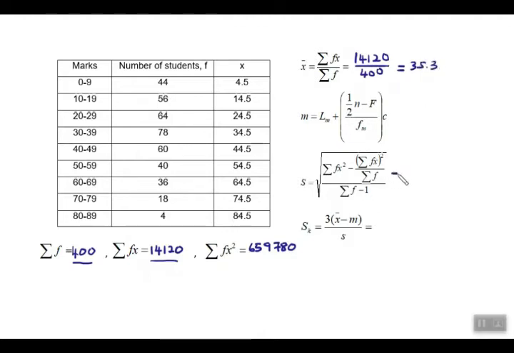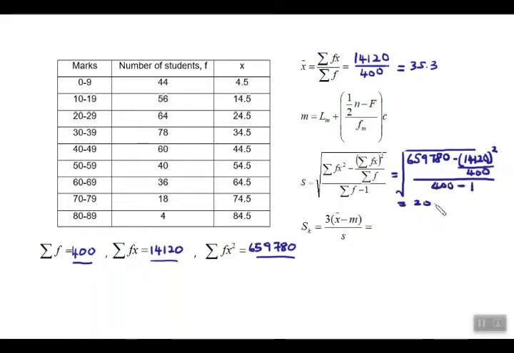For the standard deviation, square root of, substitute the sum of fx squared as 659,780 minus the sum of fx, that is 14120, squared, divided by the sum of f, the total number of students, 400, all divided by 400 minus 1, which equals 20.109.